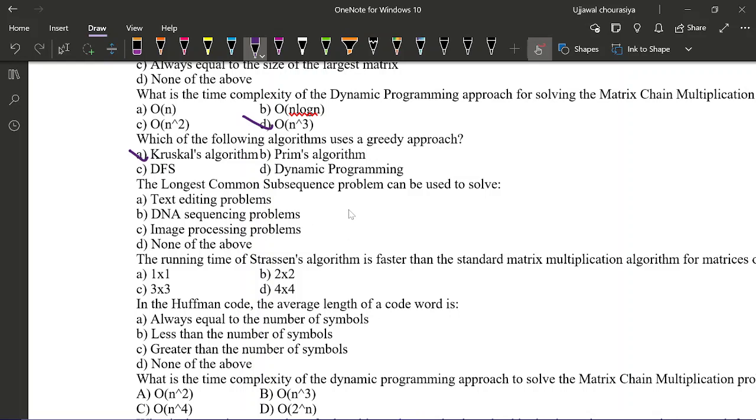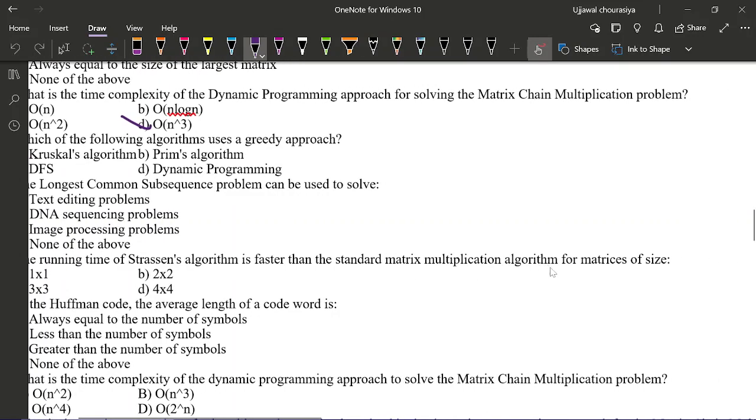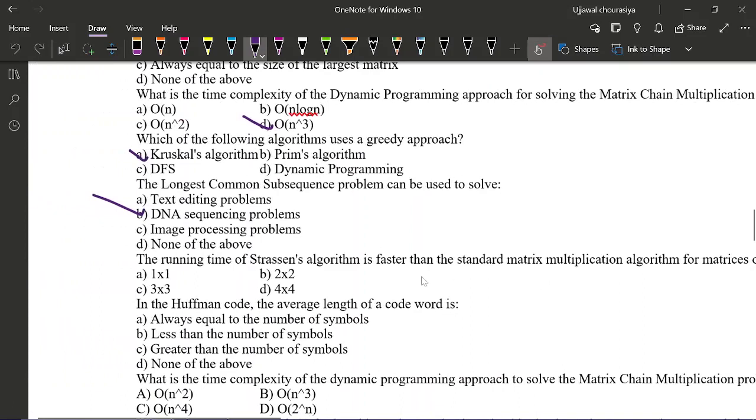The longest common subsequence problem can be used to solve the DNA sequencing problem. The running time of Strassen's algorithm is faster than the standard matrix multiplication algorithm for matrices of size 4 cross 4.